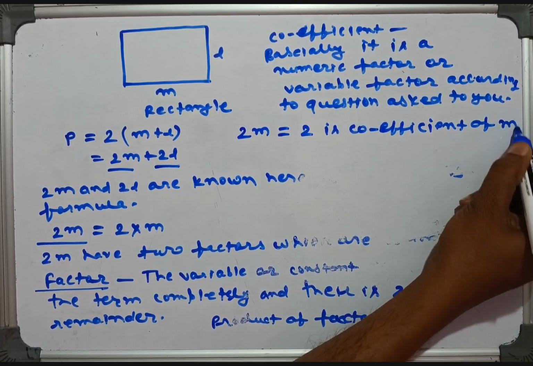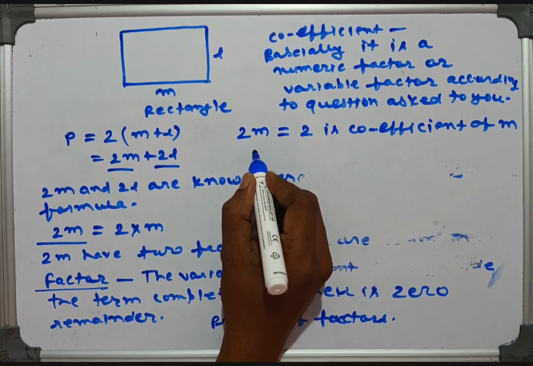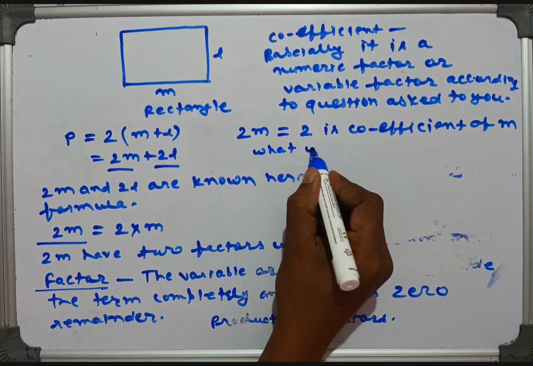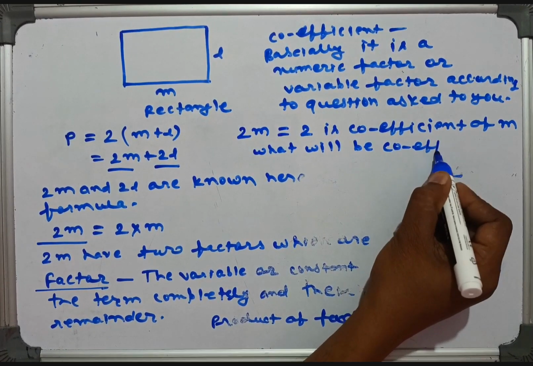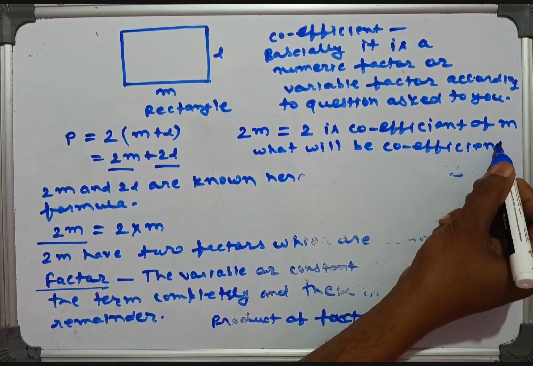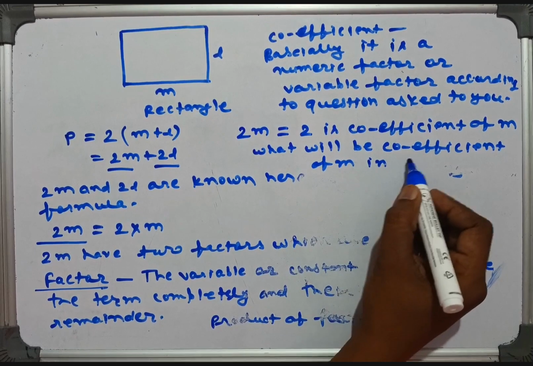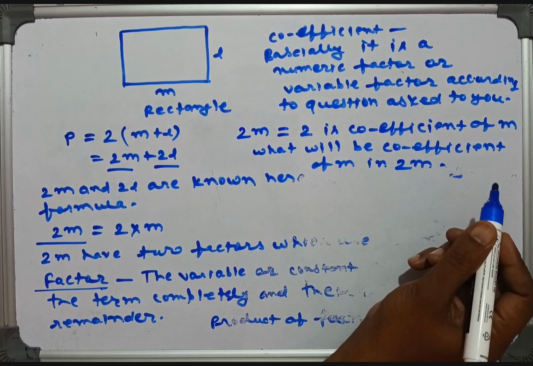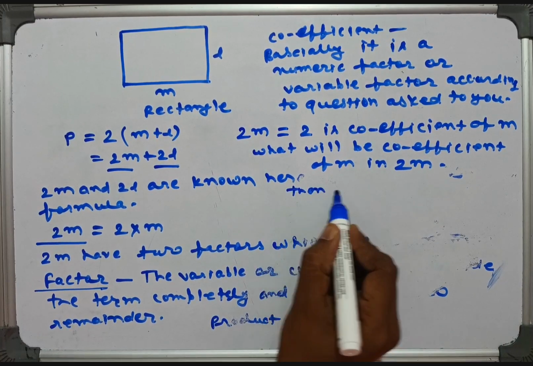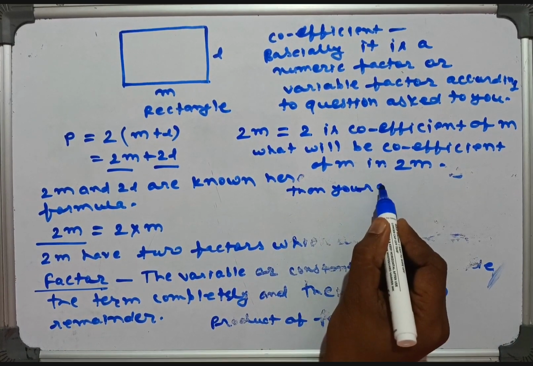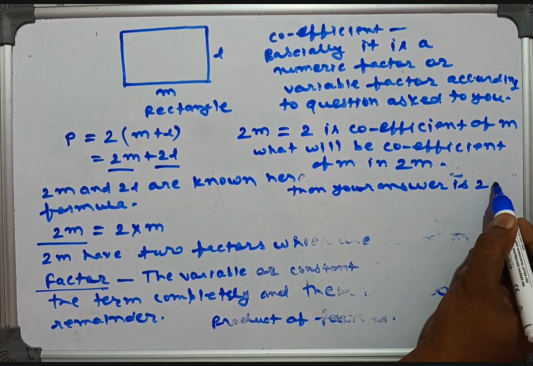If somebody asks you what will be the coefficient of m in 2m, then your answer is 2 here.